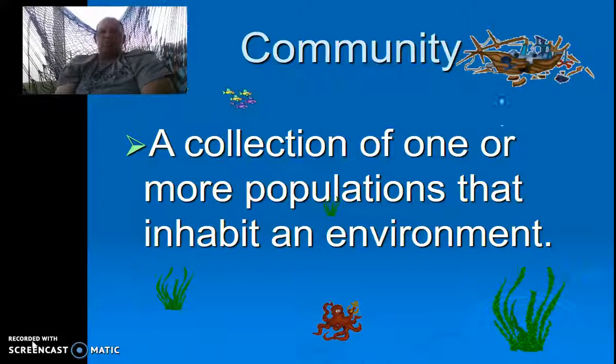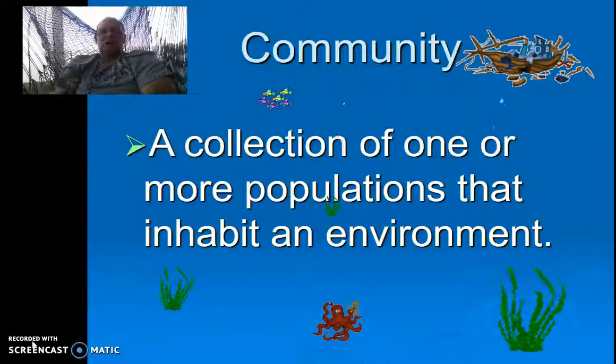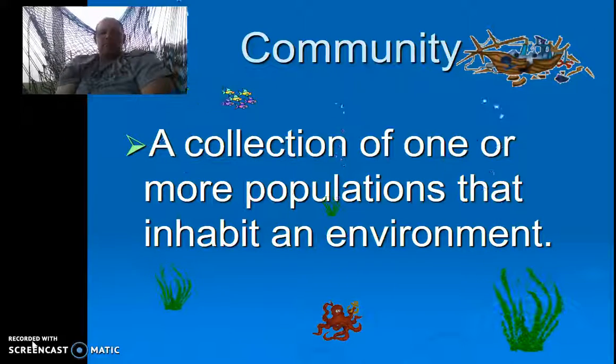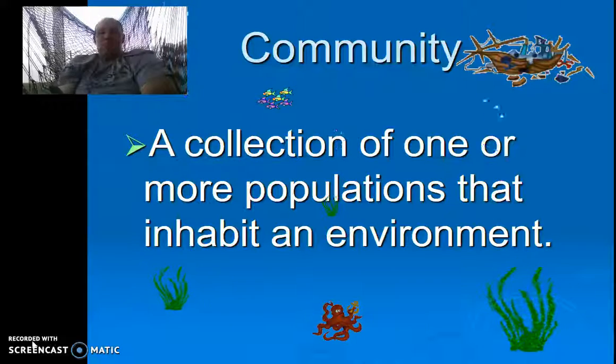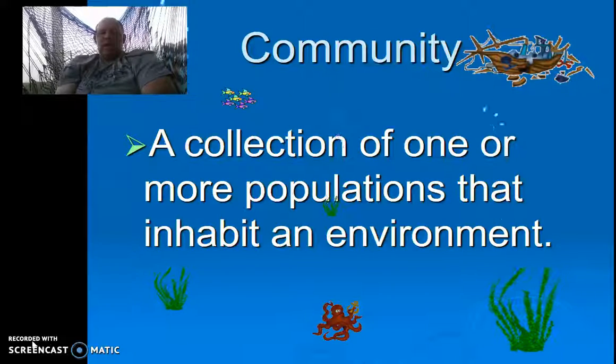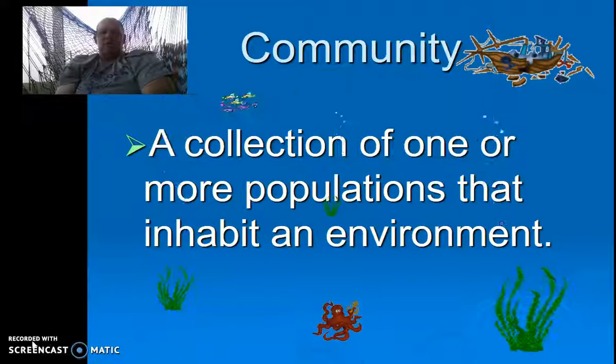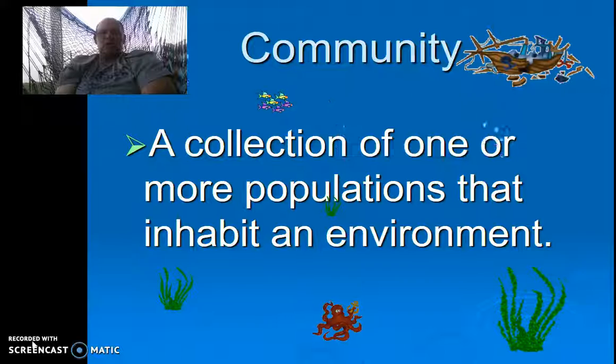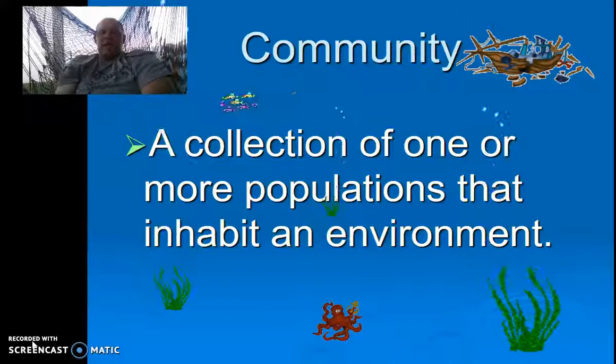A population would be any group of a single type of species. So a school of fish that are all the same, a pack of wolves, a herd of deer, a herd of cows, a murder of crows, a gang of people. Anything where there is a single species with more than one is a population.